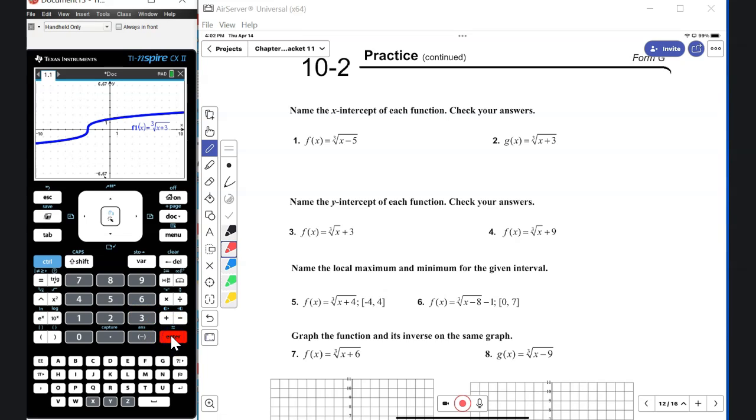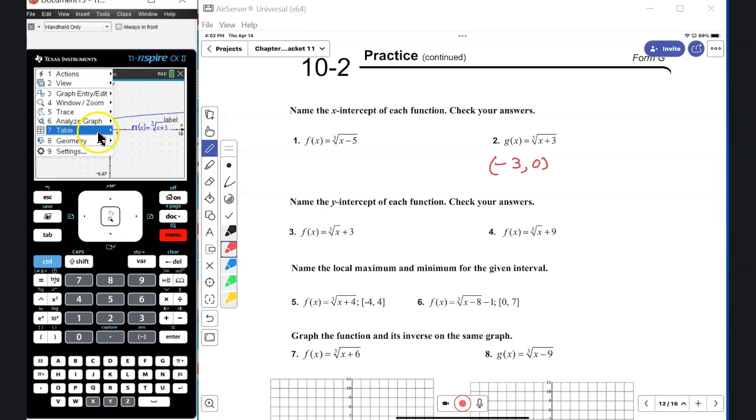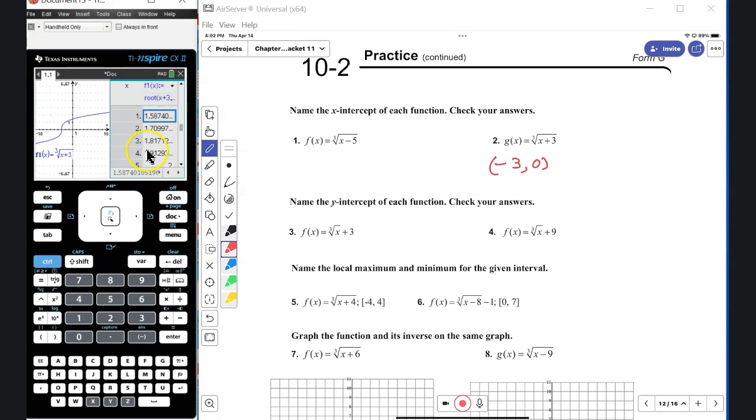Press enter, and you notice that the x-intercept is where it crosses the x-axis. It's -1, -2, -3. So you write -3, comma 0. Also, you can look at your table: menu, table, split screen. If I go to -3 and move up, there's your x-intercept.